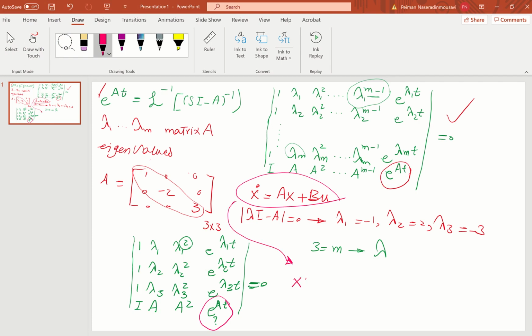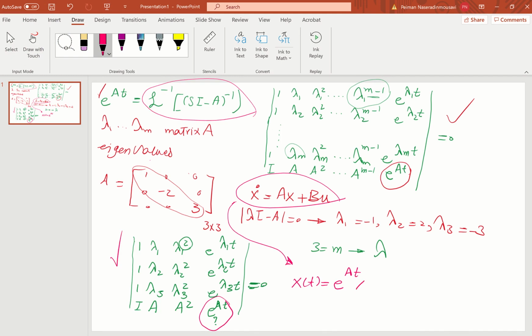Remember, x of t, if you look at your notes, is the matrix exponential, which we can calculate by this or by this, times the state variable at time 0, plus the integration from 0 to t of e^(A(t minus tau)) times matrix B, times u of tau, d tau.